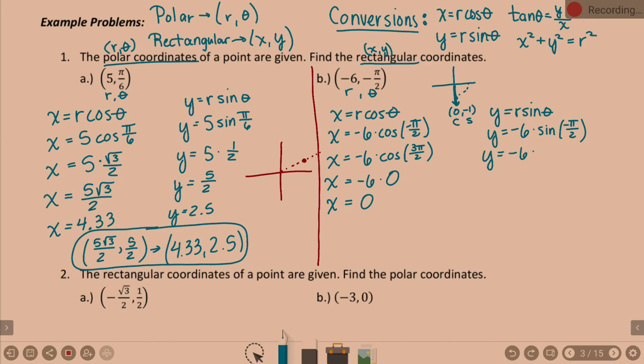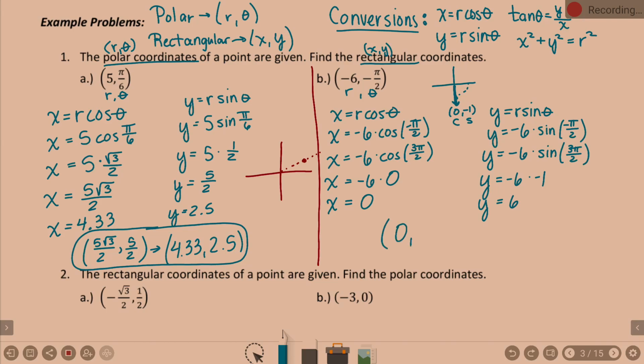Sine of negative pi over 2 is the same thing as thinking of sine of 3 pi over 2. What is the sine of 3 pi over 2? Negative 1. It's the other half of that ordered pair. And negative 6 times negative 1 is 6.